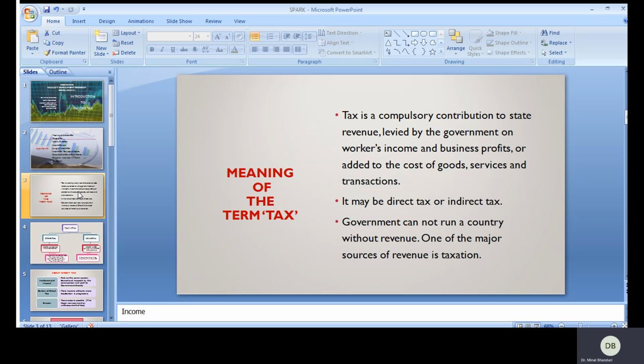That is why it is very important to know the concept of tax. So tax is a compulsory contribution to state revenue, and it may be on income, on profit, or in the form of cost of goods, services, and transactions.